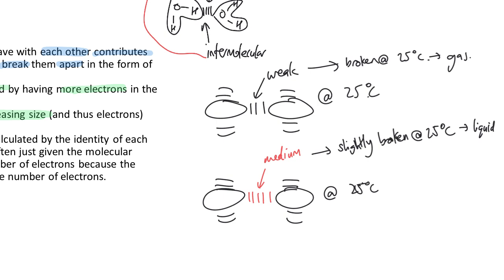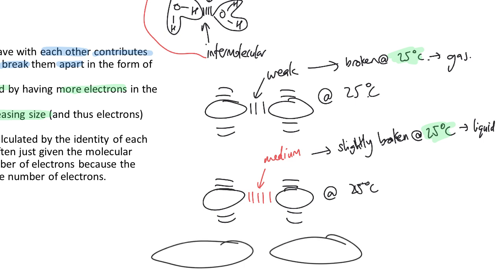Now, remembering that because they're all at the same temperature, the only thing that determines whether it's a gas or a liquid is the strength of these bonds. We have a weak bond or we have a medium-sized bond. If we have a large hydrocarbon molecule, the attraction between these two will be very strong. The temporary instantaneous dipole will be very strong.